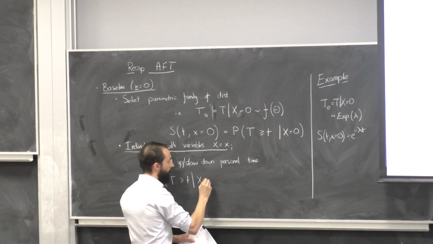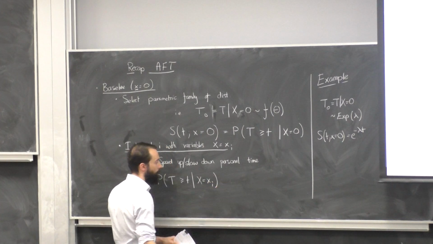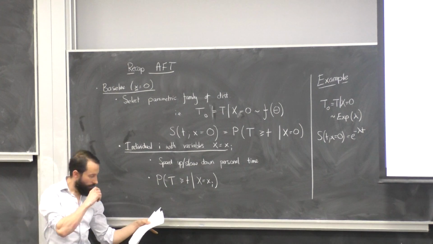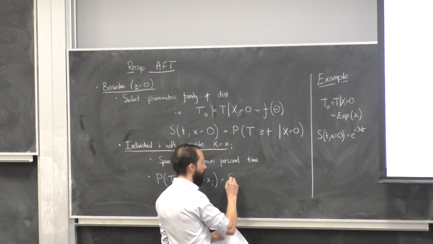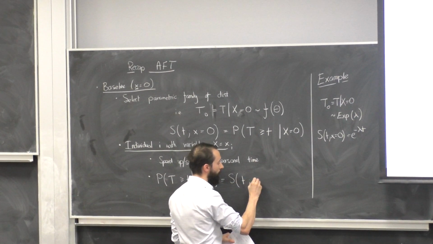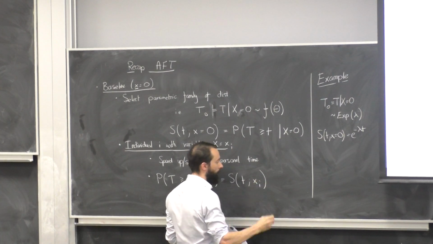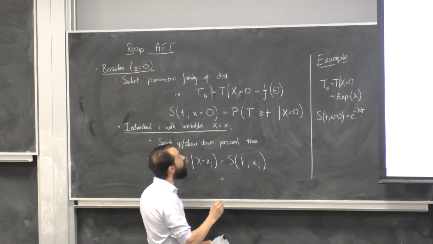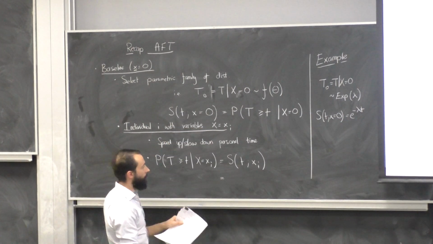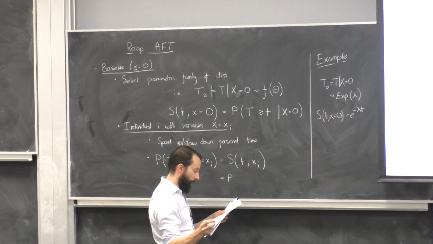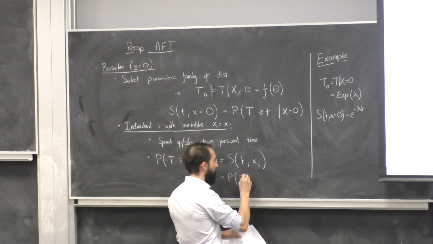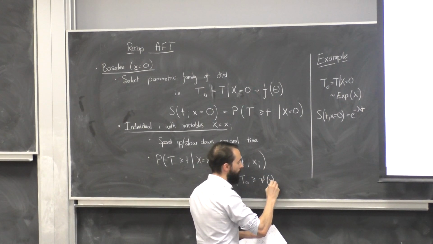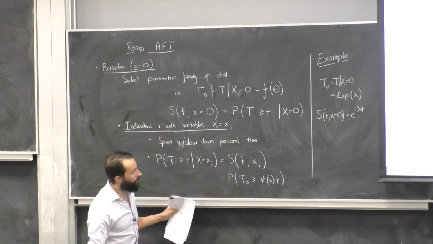who has variables little xi, the probability that they last longer than time t, I'm just going to call that the survivor function when you observe somebody with variables xi, is related to this survivor function by saying, well, it's the probability that your baseline individual lasted longer than psi of x times t.